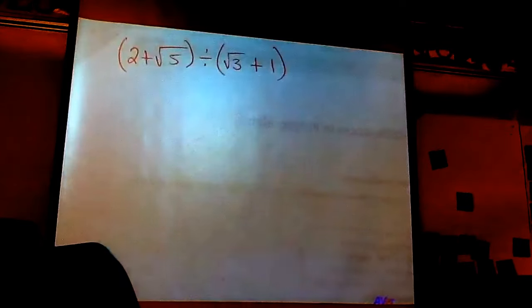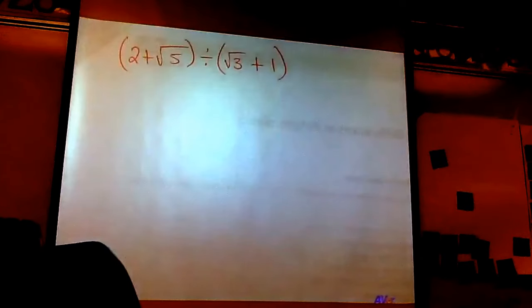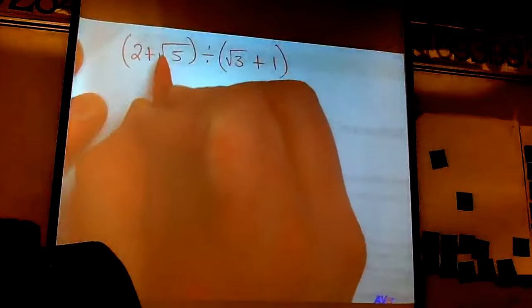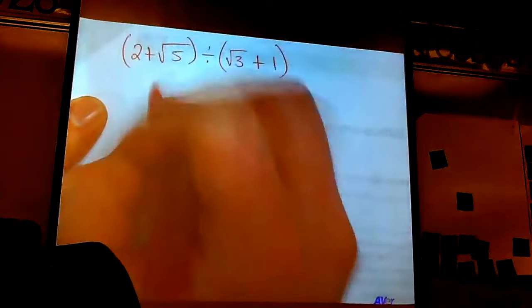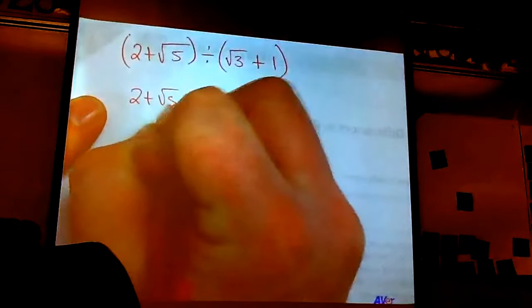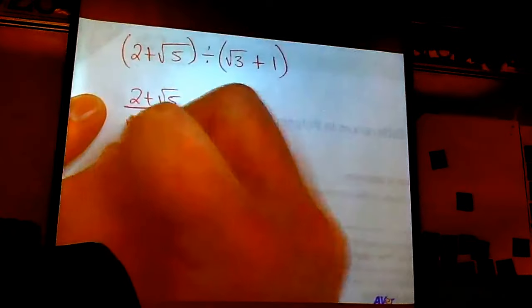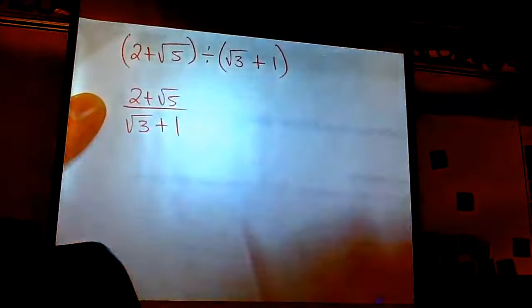That looks completely different, doesn't it? It's basically the same. How do we write it? Just set it up, write that over that. So it'd be 2 plus square root of 5 over the square root of 3 plus 1.